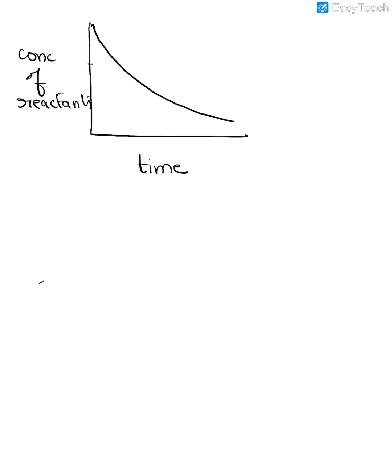So if we take initial concentration as C1 and final concentration of reactant as C2, for C1 we will have time T1, for C2 we will have time T2.